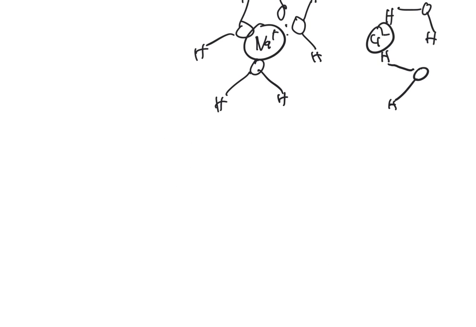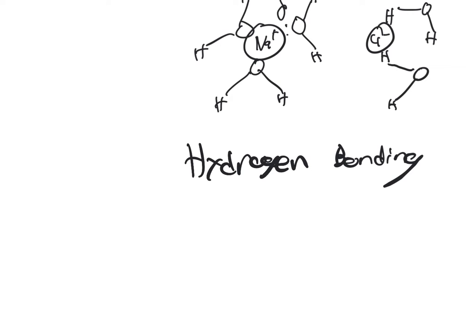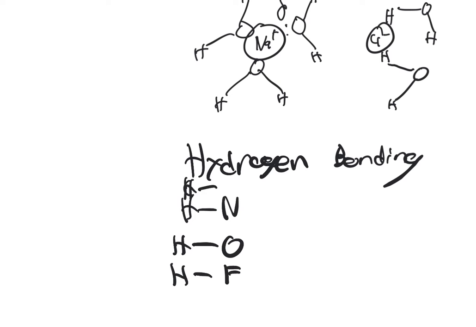Then the next type of intermolecular force that we'll look at, which is actually the strongest one, is hydrogen bonding. This occurs when we have an H-N bond, an H-O bond, or an H-F bond, not H to C. That is not considered a hydrogen bond.